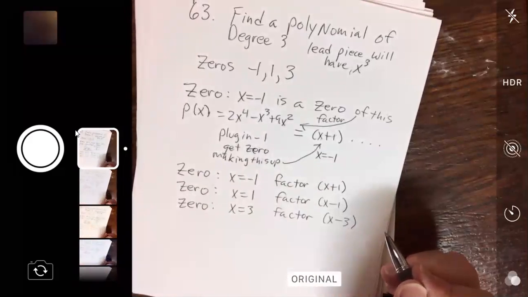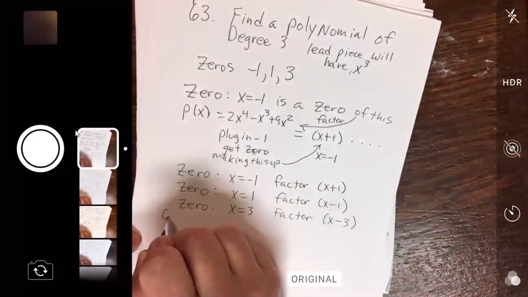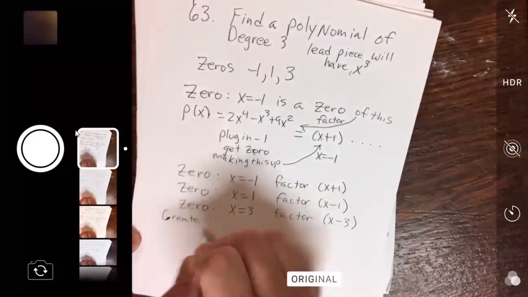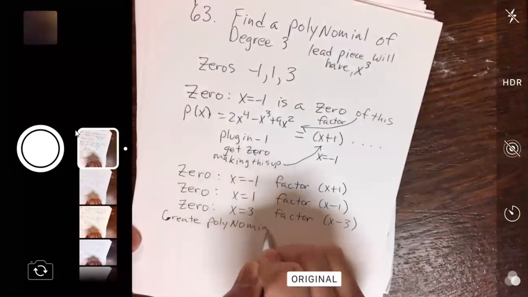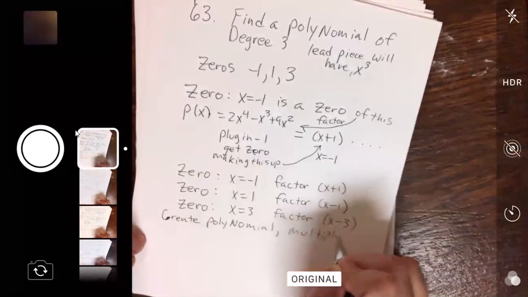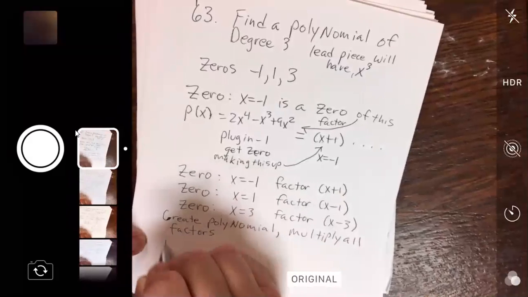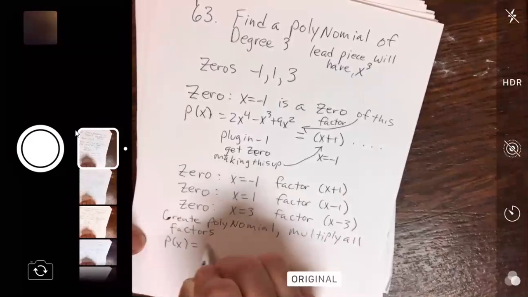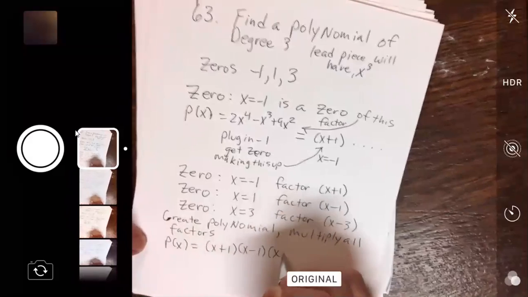Yes, I understood that. Okay, so to create your polynomial, you multiply all the factors. So your p of x is x plus 1, x minus 1, x minus 3.